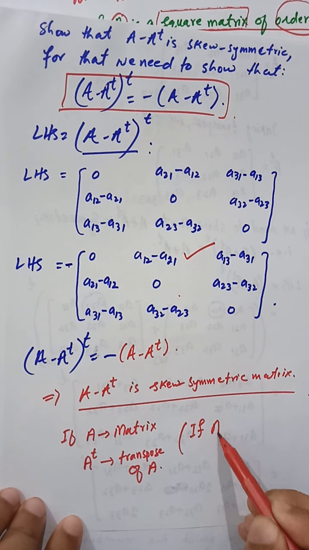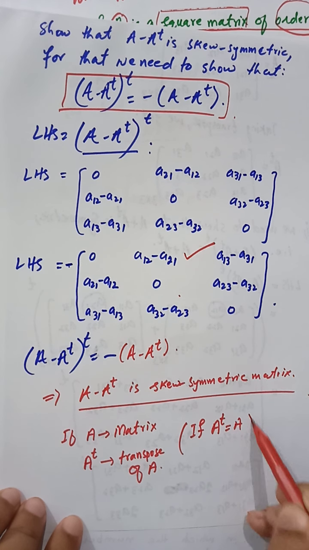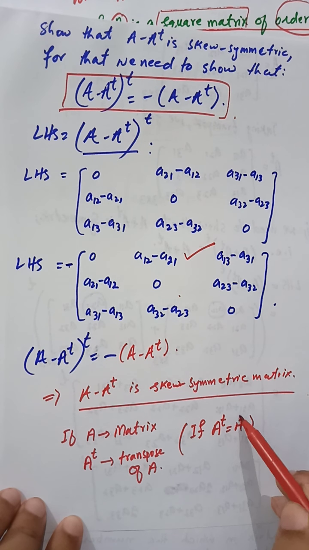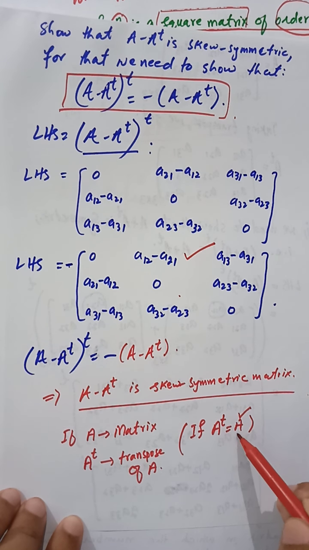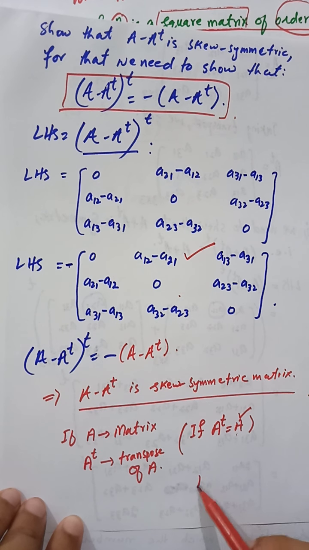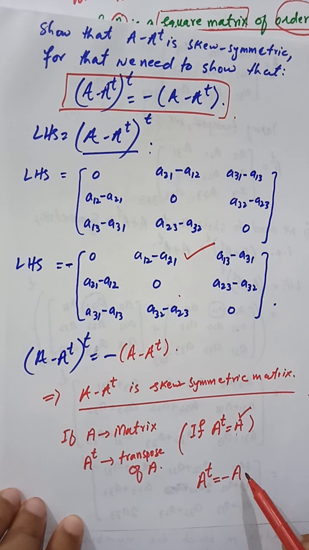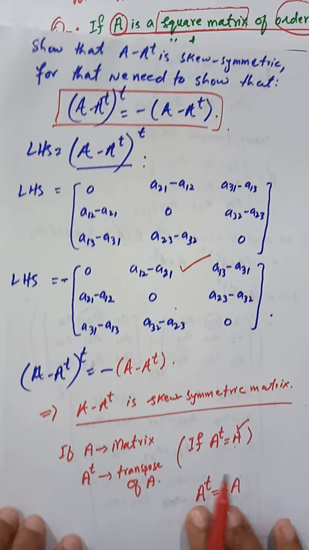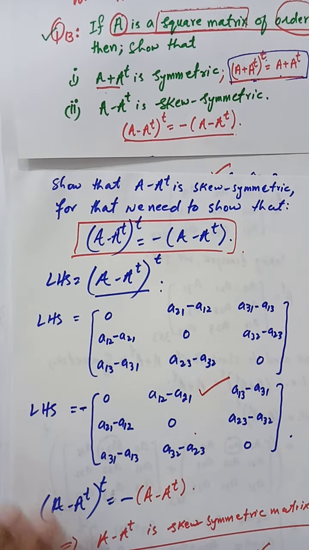Now if A transpose is equal to A, meaning when you take the transpose of a matrix and you get that matrix again, such a matrix is called a symmetric matrix. And when you take the transpose of a given matrix and you get minus times that original matrix, then that matrix is called a skew symmetric matrix. So we use these two definitions to solve this question number 13. Thank you.